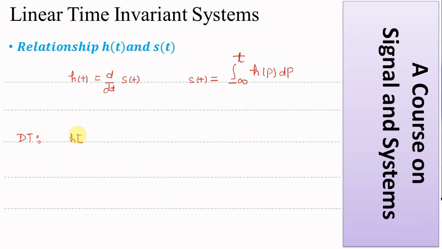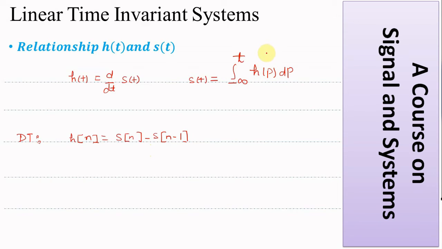The h[n], the impulse response of the discrete time LTI system, will be s[n] minus s[n minus 1], which is to say we calculate the first order difference of the step response of the system. So whatever was derivative will become difference in the discrete time domain.